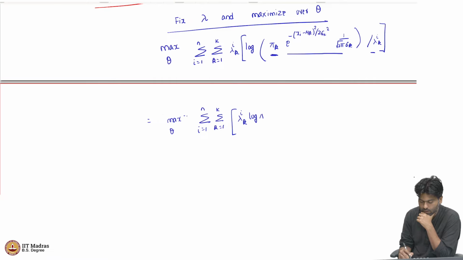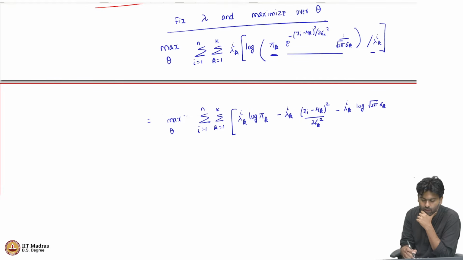So, this will become log pi k. Now, the second term, things will cancel out with respect to the e. So, this will become minus lambda i k (xi minus mu k) squared by 2 sigma k squared, minus lambda i k log square root of 2 pi sigma k.